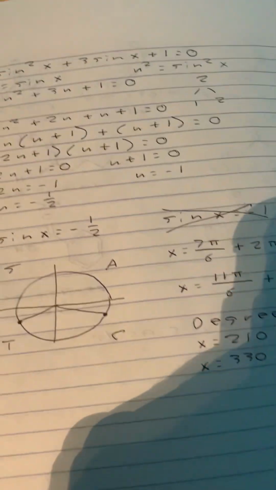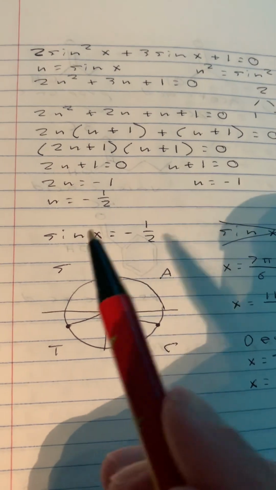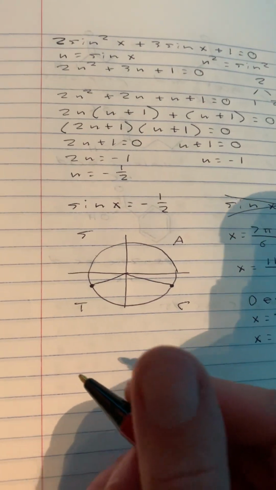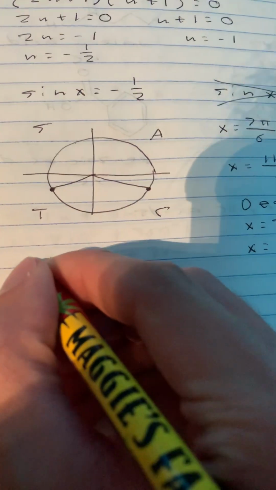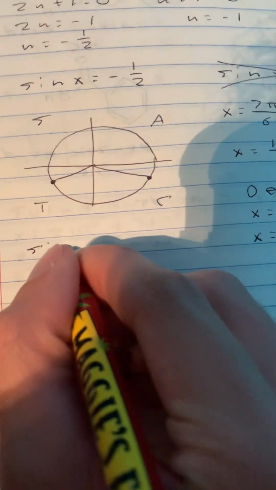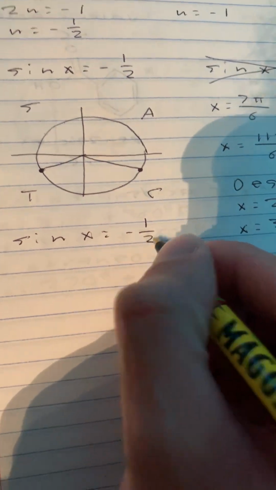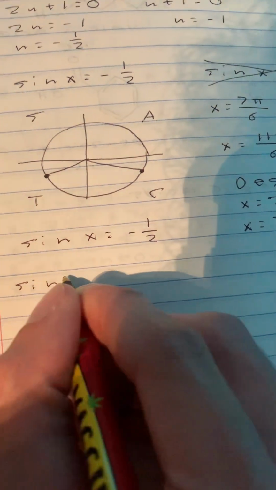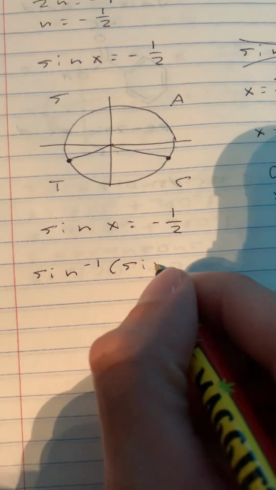And one thing I'd like to tell you about, let me tell you my pet peeve before I close this video. If you're solving sine of x equal to a negative 1/2, and you take the inverse sine of both sides, that's a pet peeve of mine when you're solving trig equations.